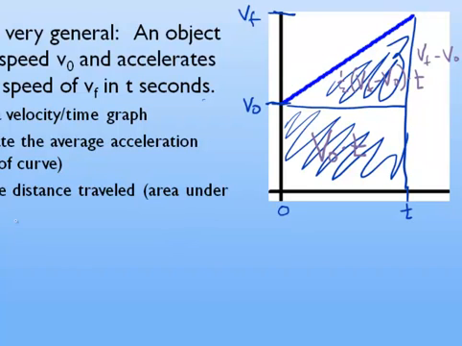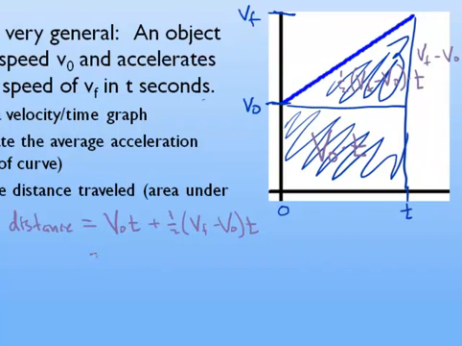If we put that all together, we get that distance traveled is V naught times time, that's the rectangle, plus the triangle, which is 1/2 Vf minus V naught times its width of time. And here's a formula we could use, but it's pretty ugly. Let's see if we can clean it up a little bit.